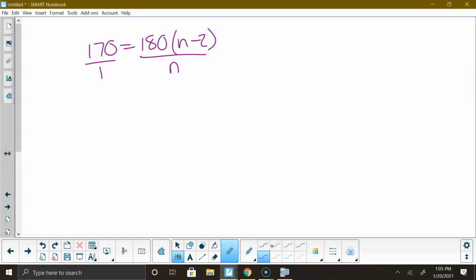There we go. Alright, so does this look like Unit 6 stuff? The proportions, cross multiplying. Now it's coming back to us. So the reason I wrote it over 1 is because I can still cross multiply.